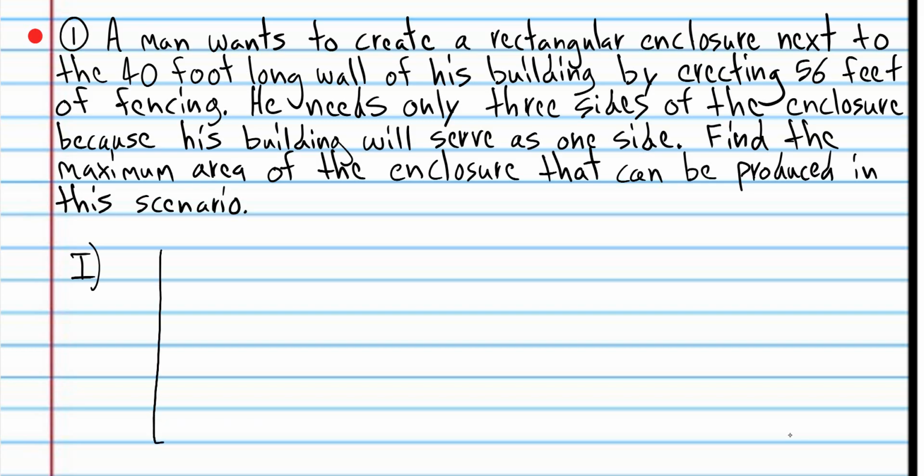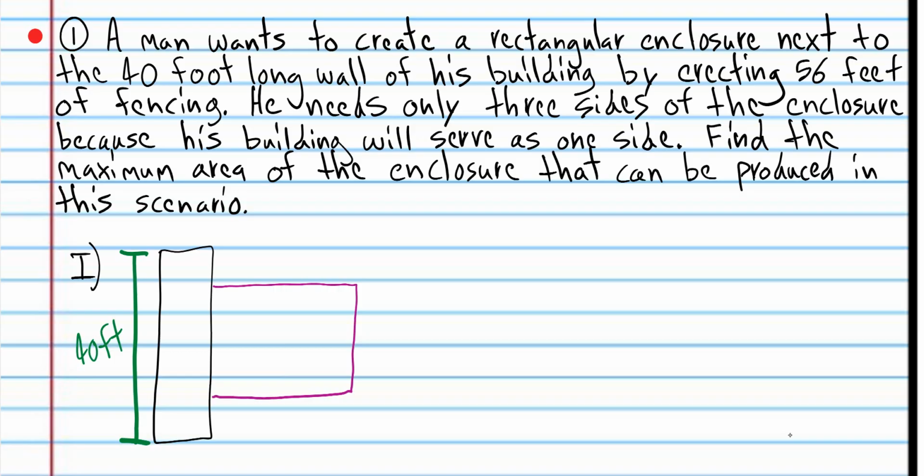So this guy has a building, and apparently the building is 40 feet long, and he's going to erect a fencing that's going to be in the shape of a rectangle.